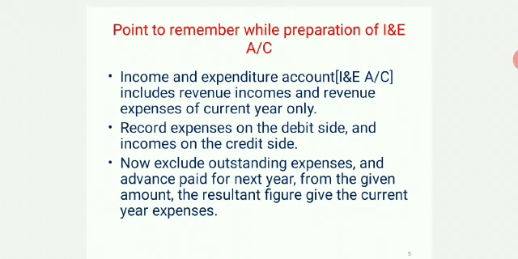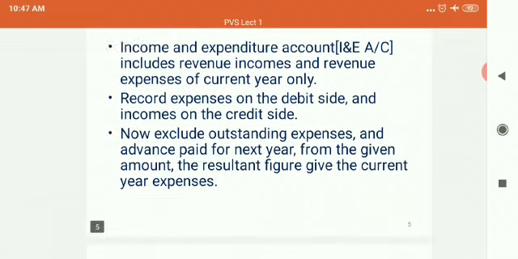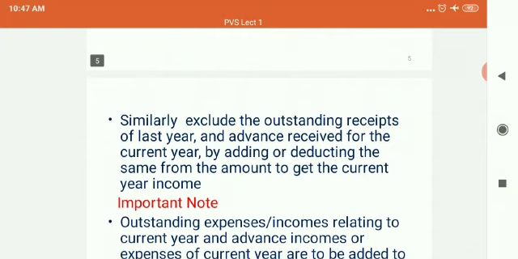Record the expenses on the debit side and incomes on the credit side. Next, exclude outstanding expenses and advance paid for the next year from the given amount, and the resultant figure gives you the current year expenses.